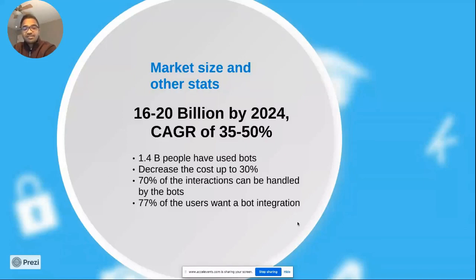And what's in it for the business? It's going to decrease cost by up to 30% today, and it's going to go more in the future years. 70% of the interactions today can be handled by bots.